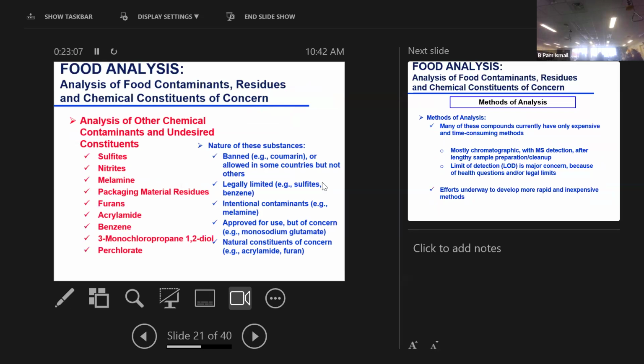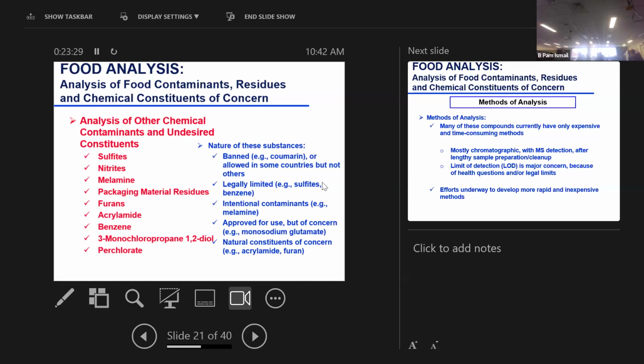So other contaminants, the list is huge. We have a table that will be good to study from. But like I said, others could be those that are present due to processing: sulfites, nitrites, furans, acrylamide. It could be additives, or due to high temperature processing.